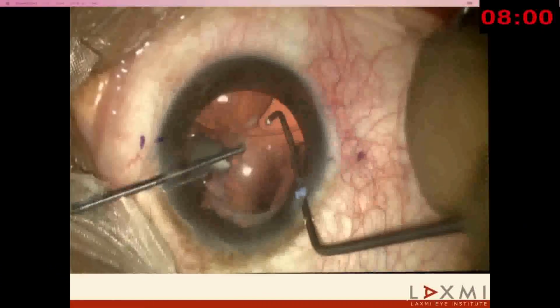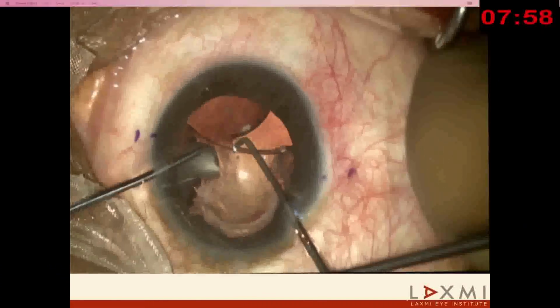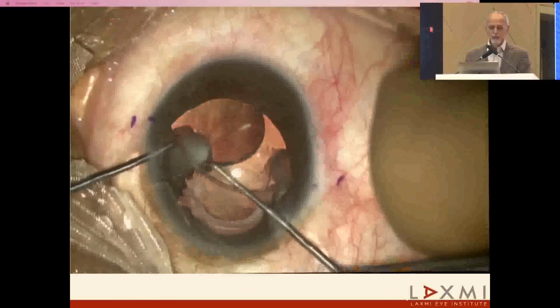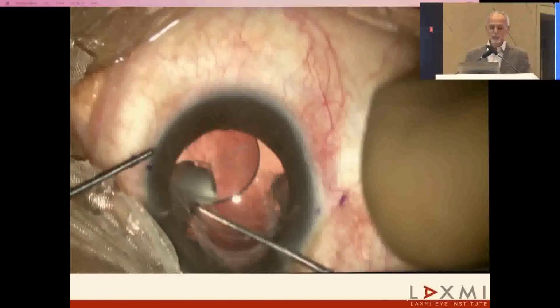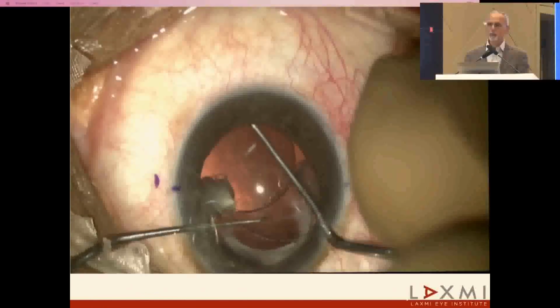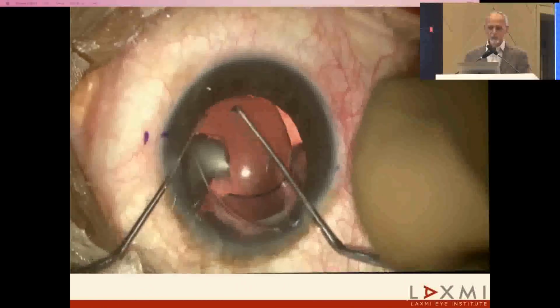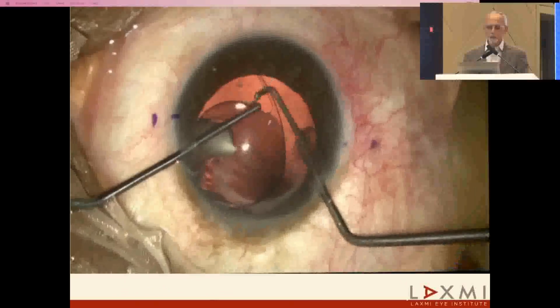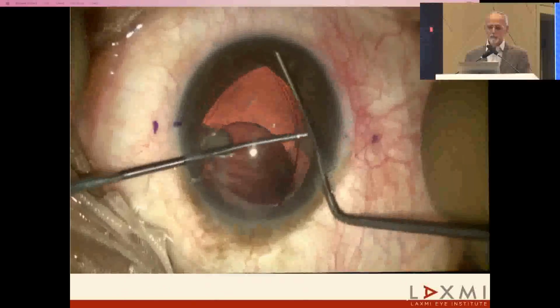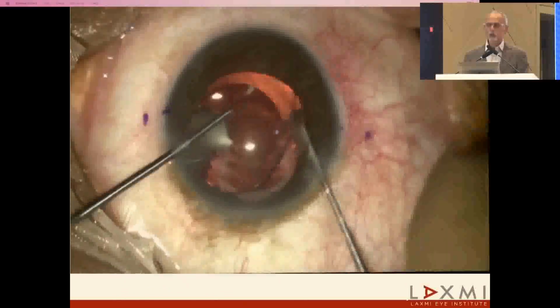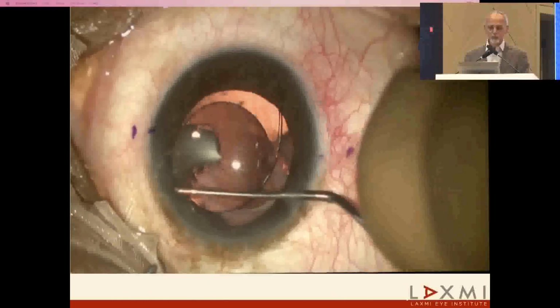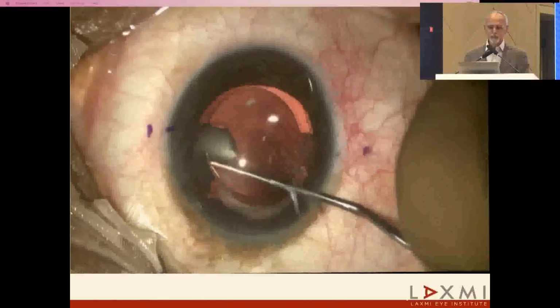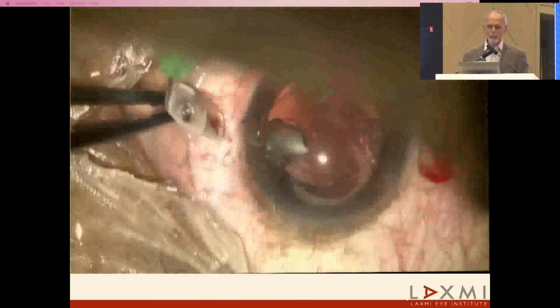This is a different take on fixing the lens. This is a single piece PMMA lens which has dislocated, and you have different ways of fixing. If the lens is good, you may use the same lens and do an ab interno fixation.